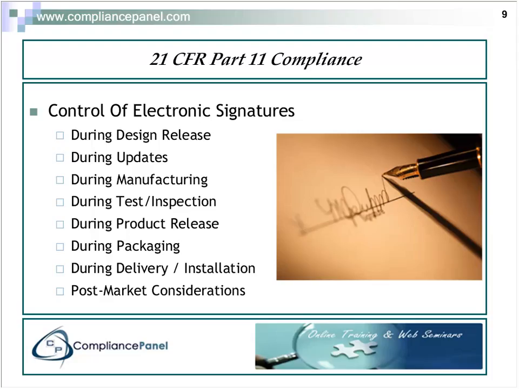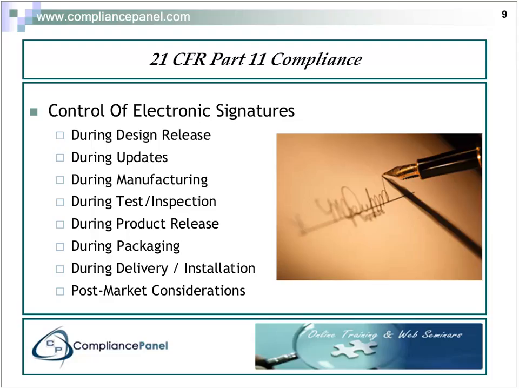And again, these electronic signatures are at all these stages through your process. Most people are using electronic document control systems to do ECOs, to release documents. They're using electronic signatures to sign off during processes, to capture data during production processes.